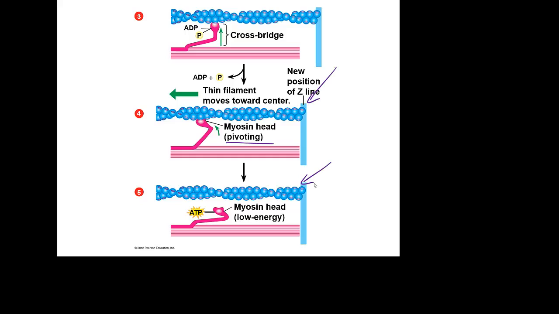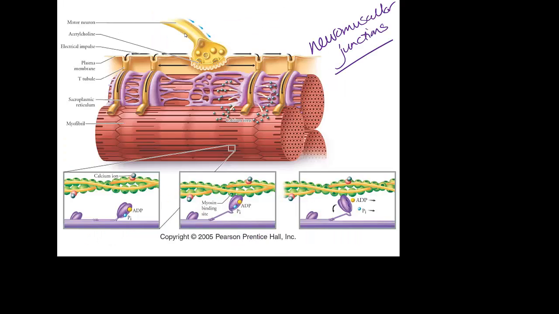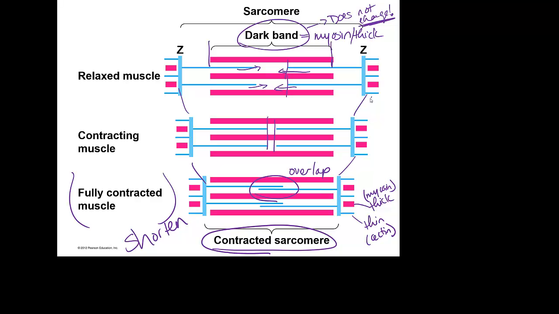It pulls that actin. So every time this head is going to reach out, grab, and pull, that actin becomes closer and closer in the center. Those Z lines come closer and closer together.